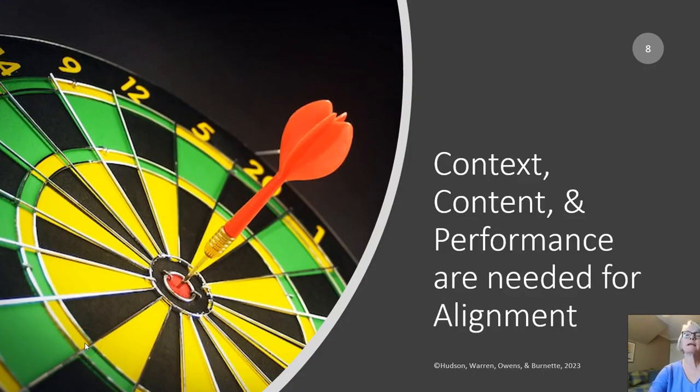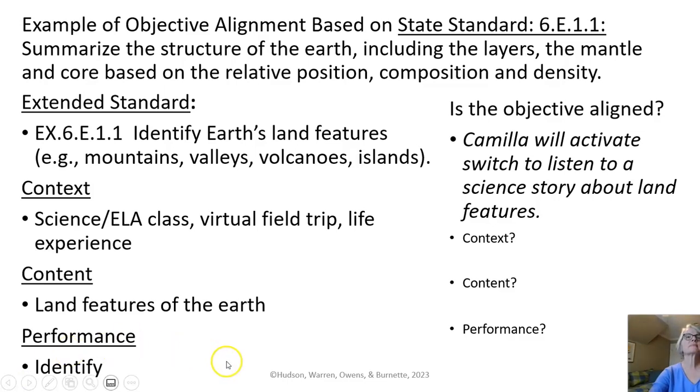When we think about aligning our short-term objectives to the extended standards, three things are important to consider: the content, the context, and the performance required. Let me show you what I mean with this example. First, we have the grade level general education state standard.